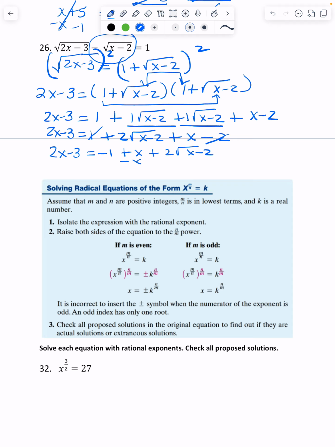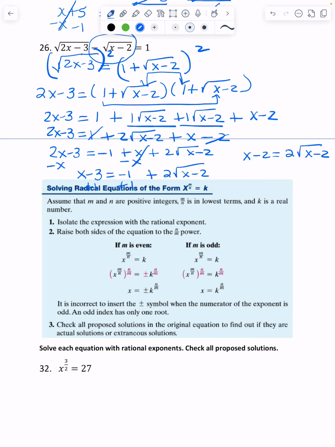Let's subtract x from both sides. You could do these in either order. Doesn't really matter. I'm going to add 1 to both sides. So I get x minus 2 equals 2 times the square root of x minus 2.